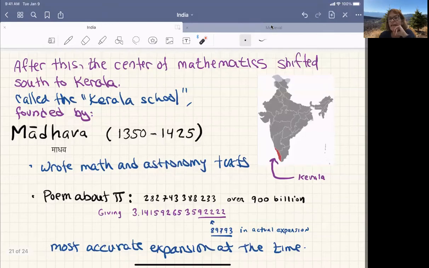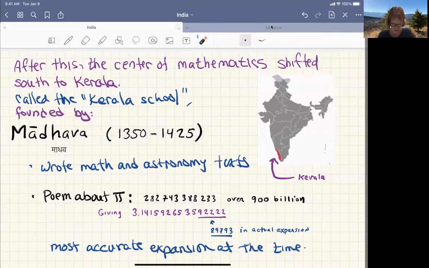So remember I said that Bhaskara was the last famous mathematician of northern India for a while. And that's because after this time period, the center of mathematics in India moved south to Kerala.